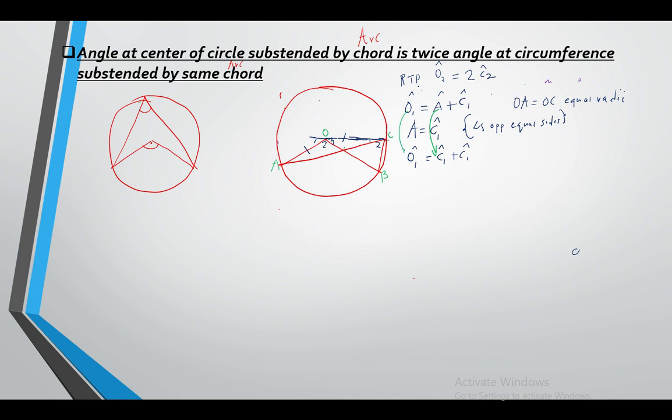I've substituted angle A with C1 because I said A and C1 are equal. So I have a right to substitute angle A with C1 in this equation. Where I see A, I put C1. So now you have angle O1, which is twice angle C1.